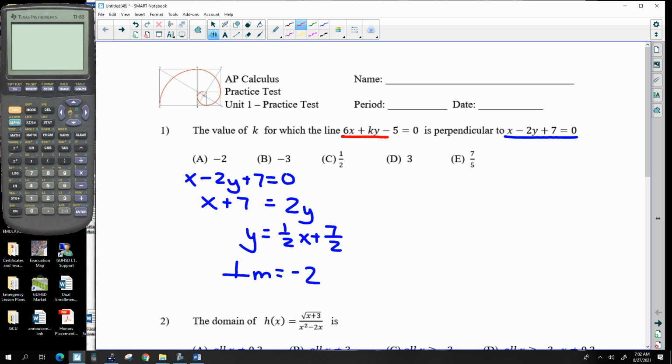All right, now, this is what I'm trying to solve for, the k in that. So 6x plus ky minus 5 is equal to 0. If this line is perpendicular, that means its slope will be -2. So let's see what the slope right now is. I'm keeping the ky, subtracting the 6x and adding the 5, and then I divide by k.